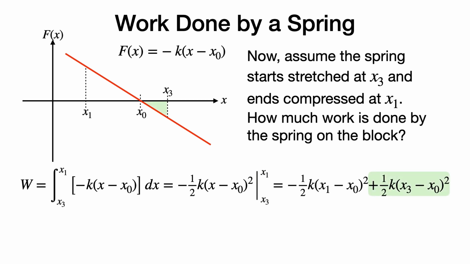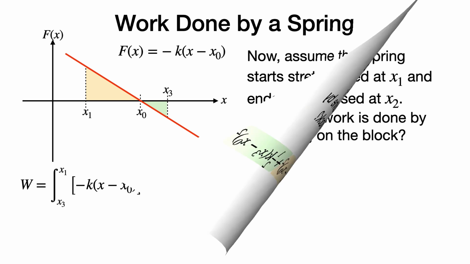If we consider the positive term, 1/2 k times x3 minus x naught squared, that's the area between the curve shaded in green. But this is positive work because the force is negative, but we are moving in the negative direction from x3 to x naught. So this does positive work on the block, whereas moving from x naught to x1 does a negative amount of work.